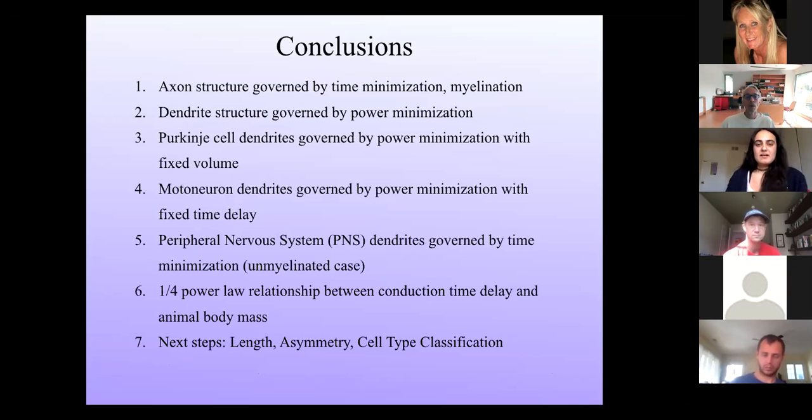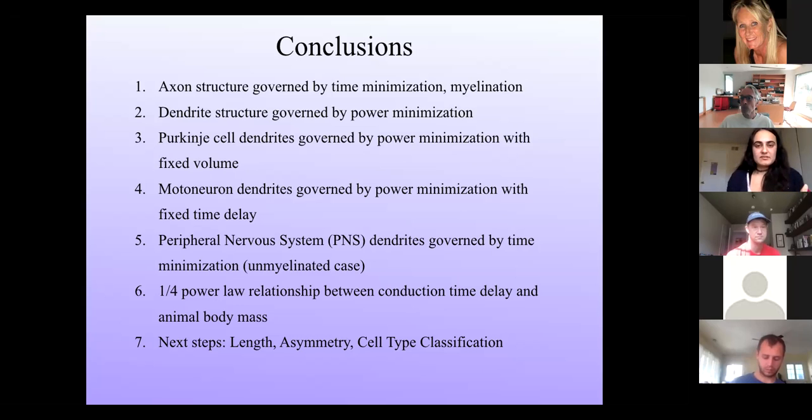So in conclusion, based on our comparison of the theoretical predictions and the data, we find that axon structure seems to be governed by time minimization and myelination, and dendrite structure is governed by power minimization. Within dendrites, we looked at two different types.